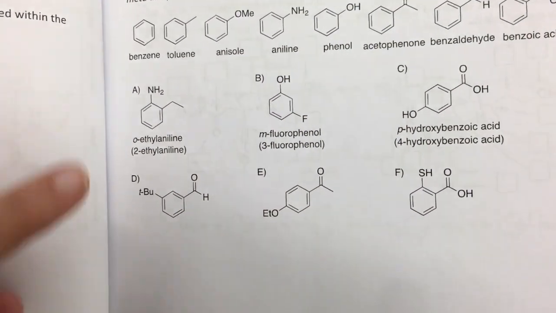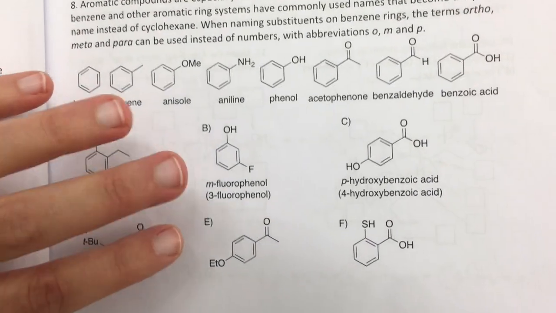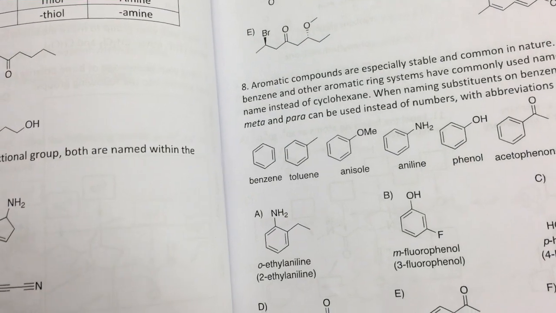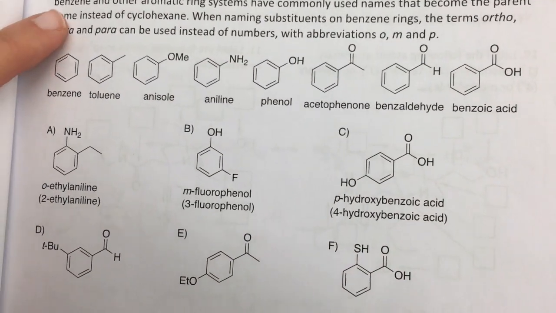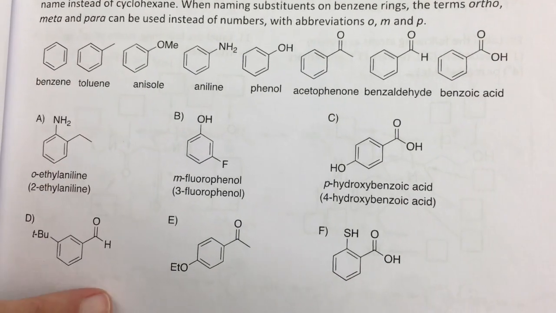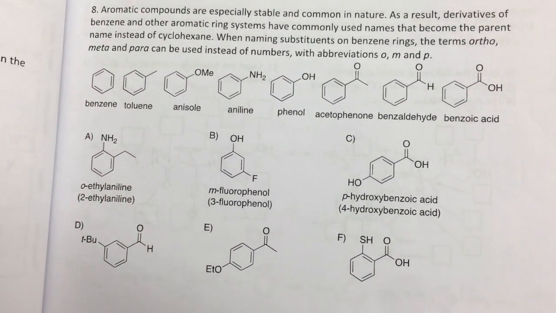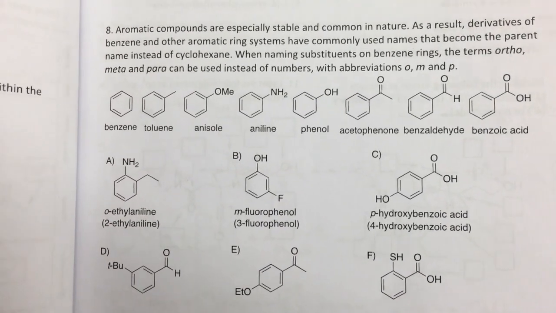On the practice exam, there is an aromatic compound like this. So this will help you name that. Also, on the reference sheet that you will be given, the nomenclature has this information too. So if you don't know this, it's confusing, you don't want to memorize a bunch, I have the important information here in the reference sheet, but try to go through these problems so that you know what to do with the information on the reference sheet.